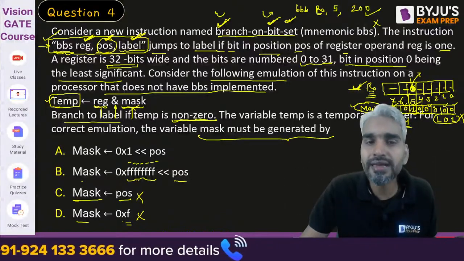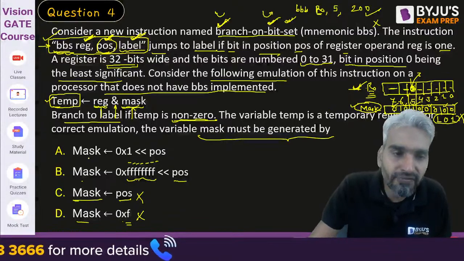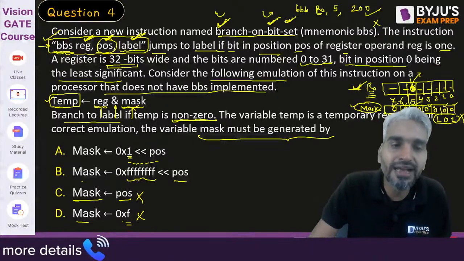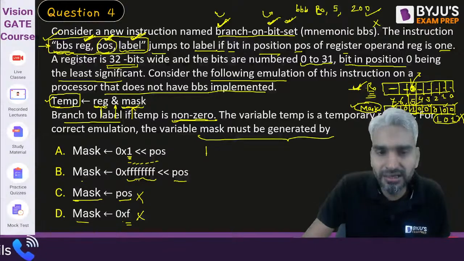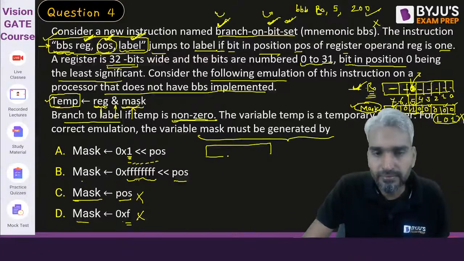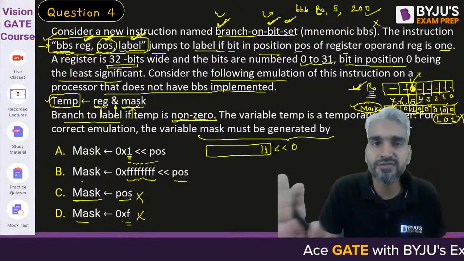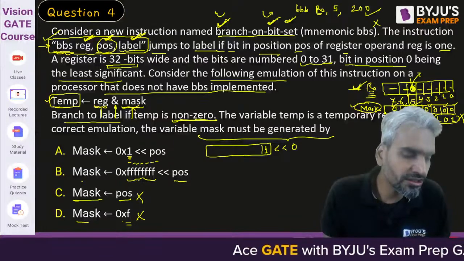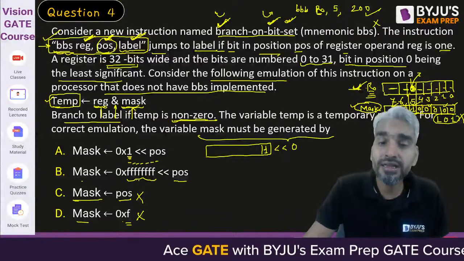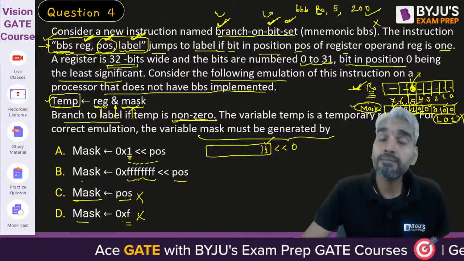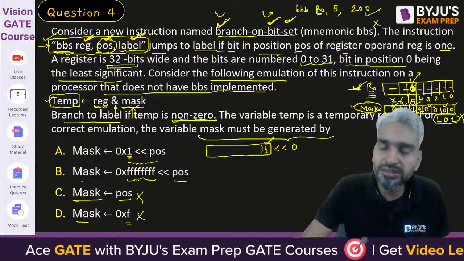The only correct idea is to make the least significant bit of the mask 1. Now, if your position value is 0, then you will not left shift it. That means you are checking whether the bit in the register at position 0 is 1 or not.